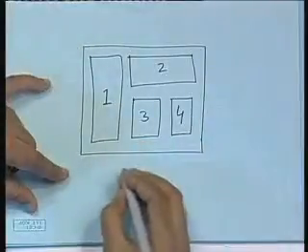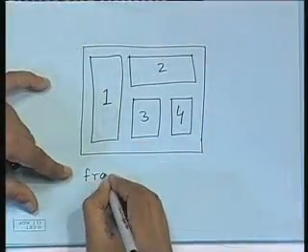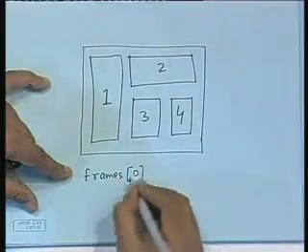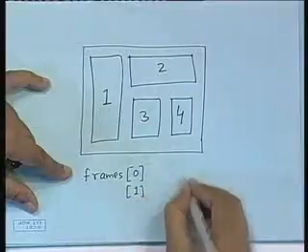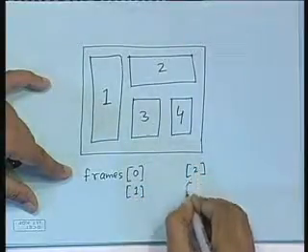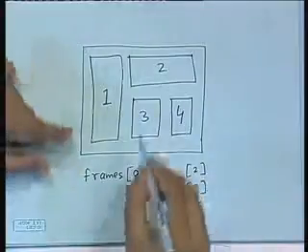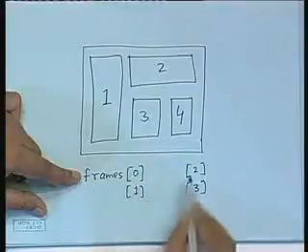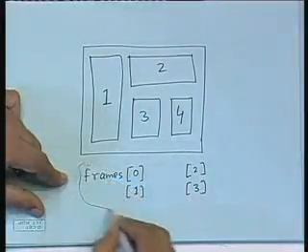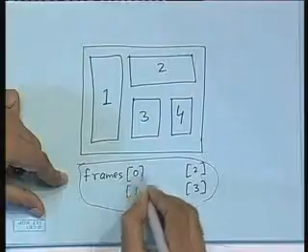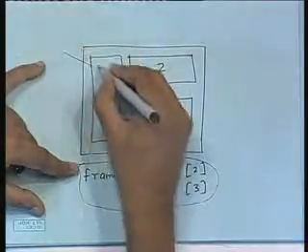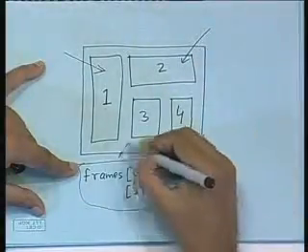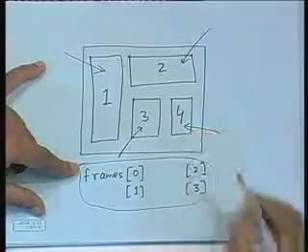Now, this frames objects subcategory will actually refer to an array of frames which are referenced by frame 0, frame 1, frame 2 and frame 3. Okay. Frame 0 will contain this particular frame, frame 1 will contain this particular frame, frame 2 will be this and frame 3 will be this.